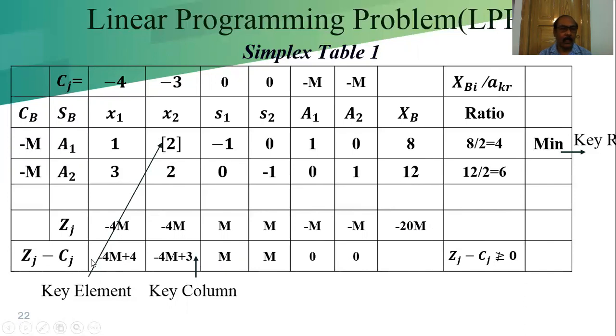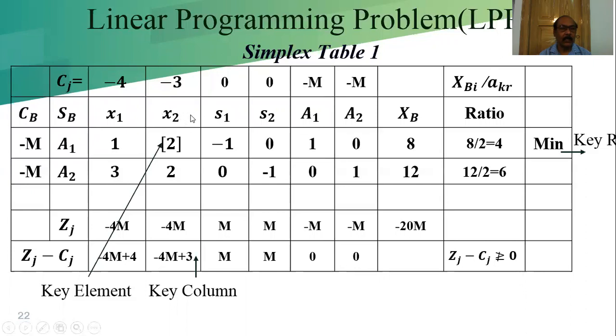Now from the values of Zj minus Cj, minus 4M plus 4 or minus 4M plus 3, which one is the most negative? This is the most negative Zj minus Cj, and the corresponding column is x2.